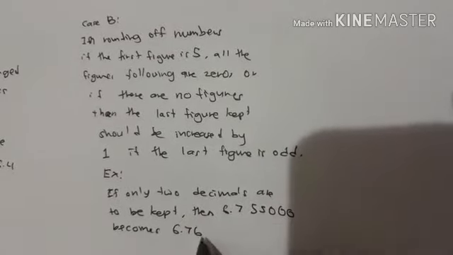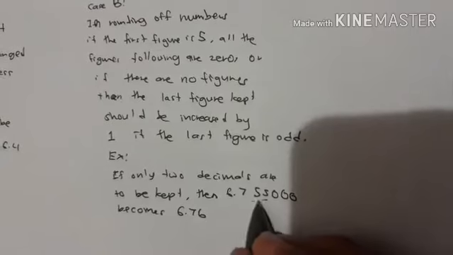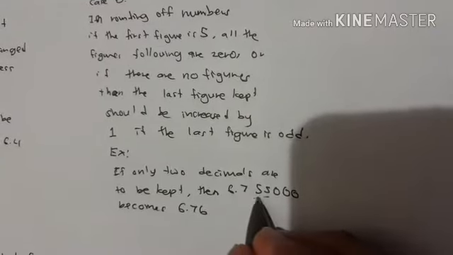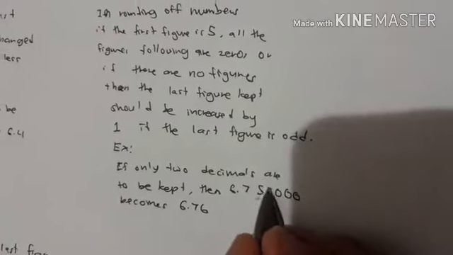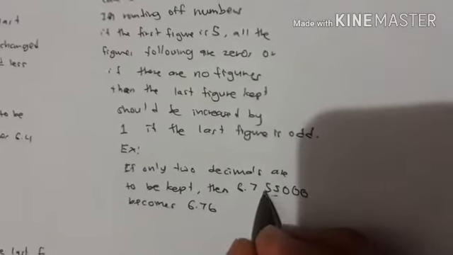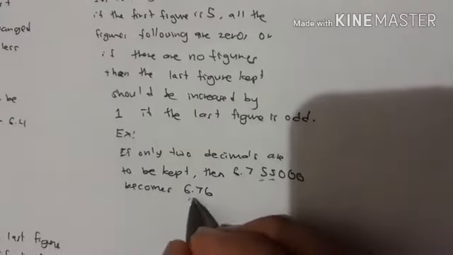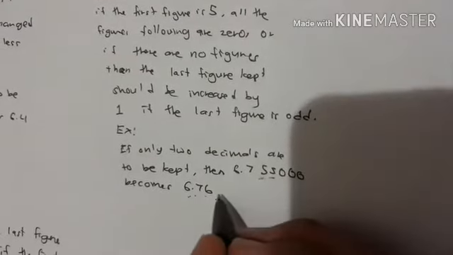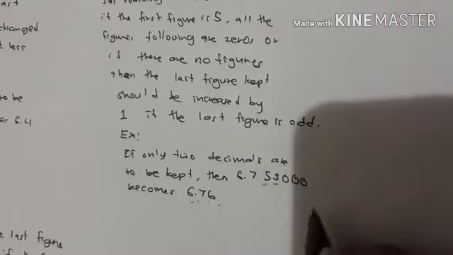We want to round off this number to the second decimal, so we just increase this number by 1 and we will get 6.76, and the other 000 we just remove from the number.